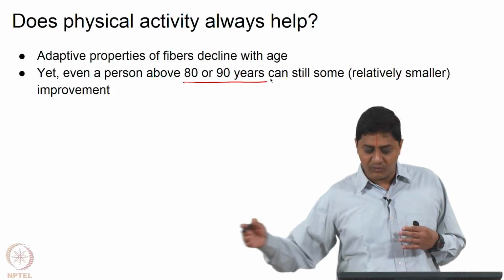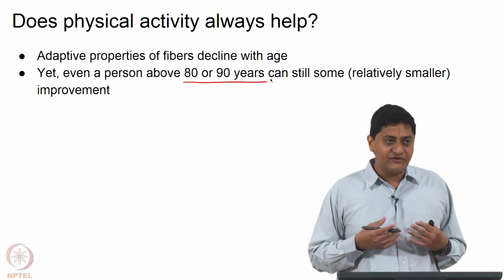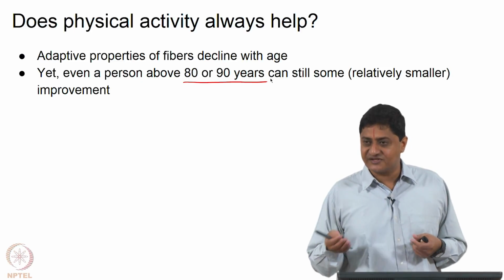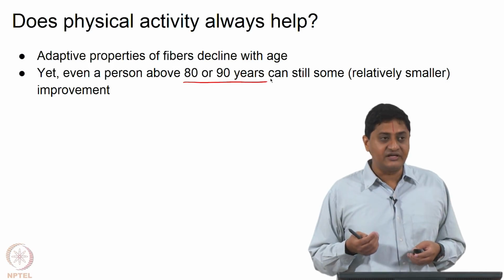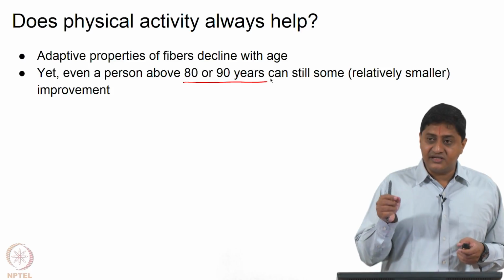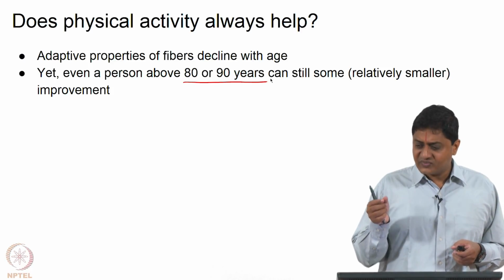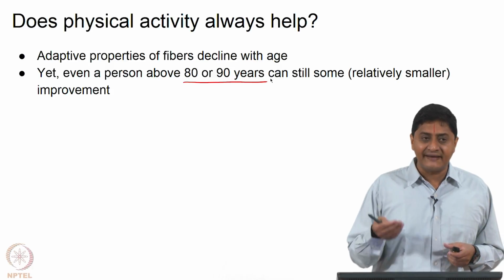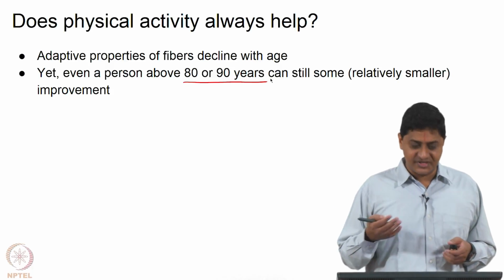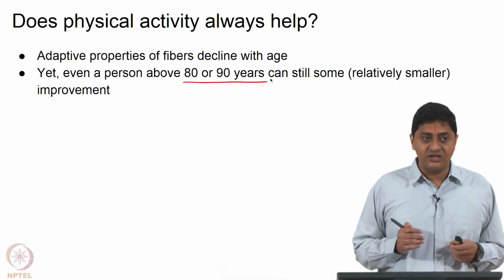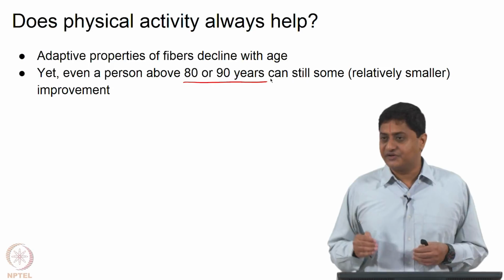But there is still some residual benefit, even after 80 years, even in cases of 90 years. Even at 90 years, the fiber properties change, which is surprising. What would you expect at that age? So exercise is good, but it is less beneficial when you are older.